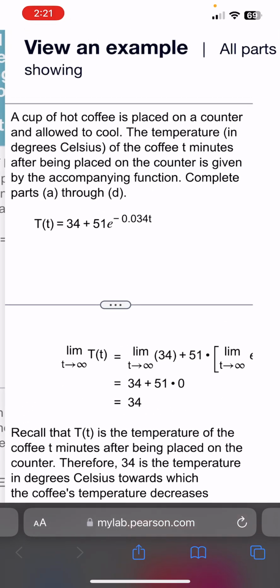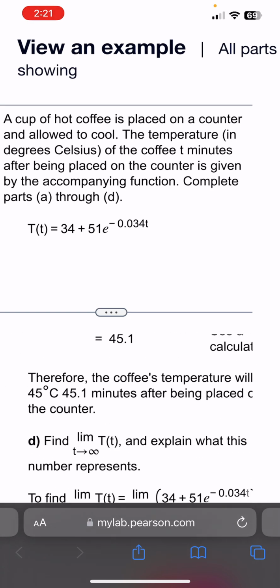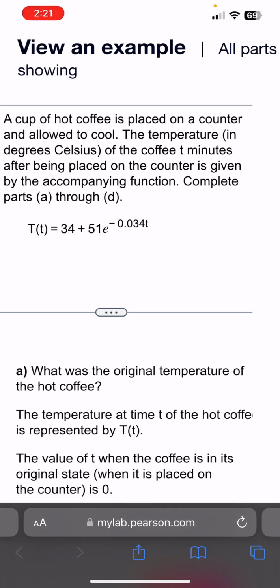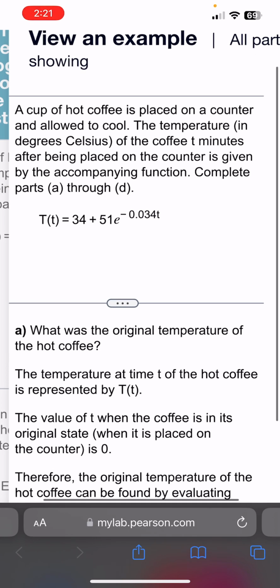So this example was mostly, I just want to do a quick recap. I wish I could just see the questions. For the original temperature, we let lowercase t be 0, and you can use your calculator for that one. If you put the T of t into the y equals part, you can let lowercase t be 0 and you get your result.